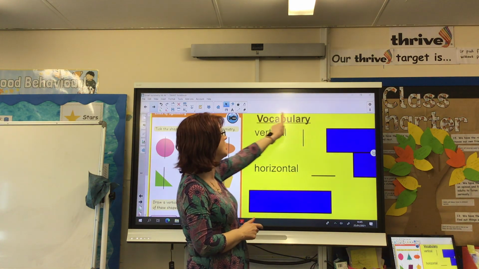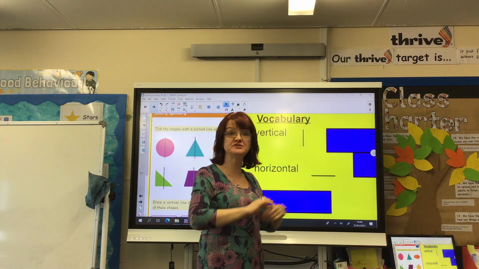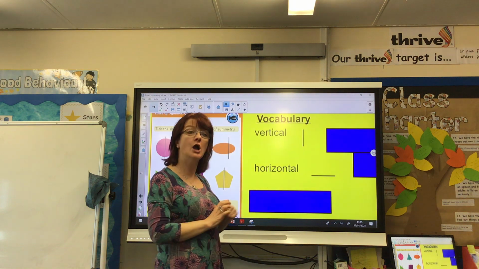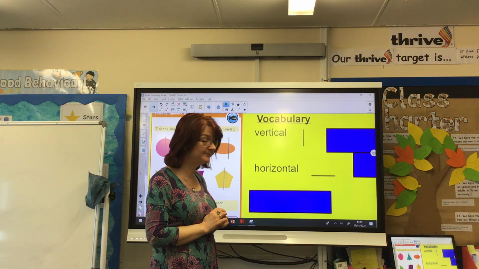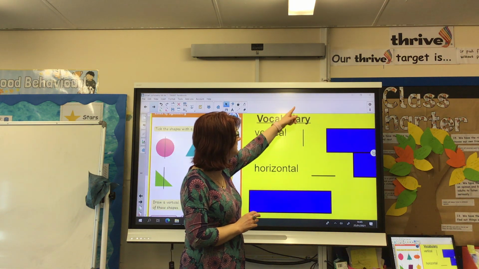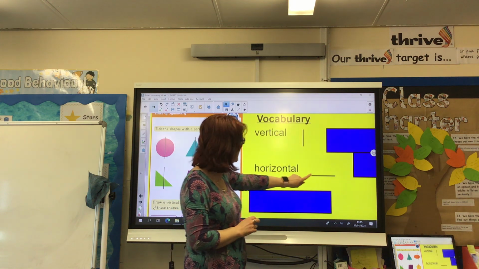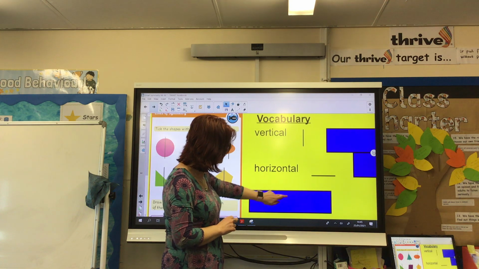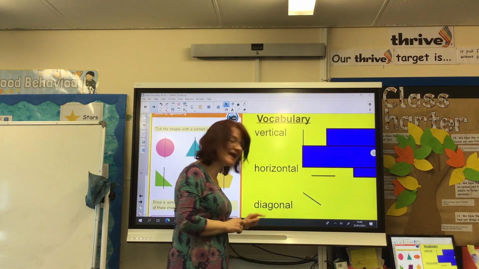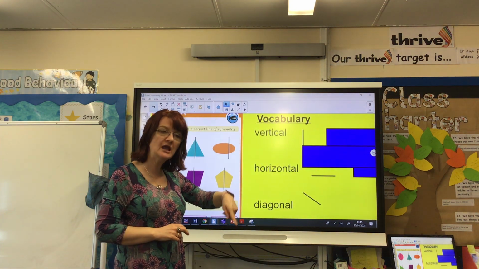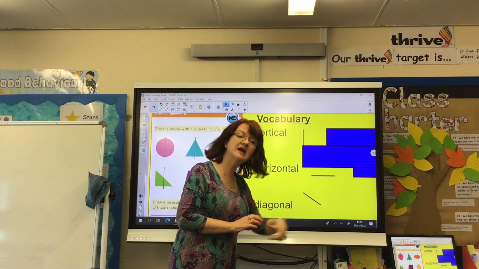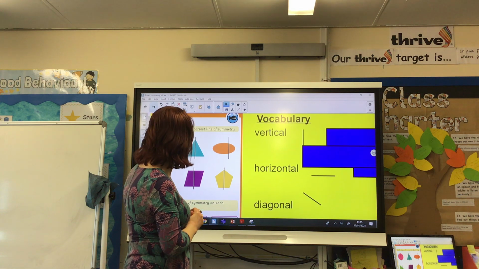It follows the horizon, which is as far as you can see when you look out of the window. Horizon, that's where the word horizontal comes from. So we've got vertical lines of symmetry, we've got horizontal lines of symmetry. Sometimes there might be a diagonal line of symmetry going from one corner to the opposite corner, and you might draw a diagonal line of symmetry.